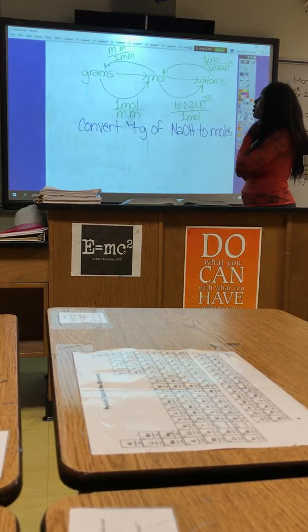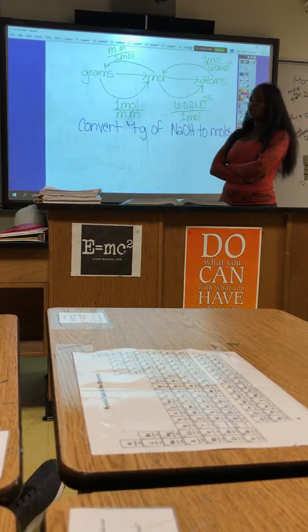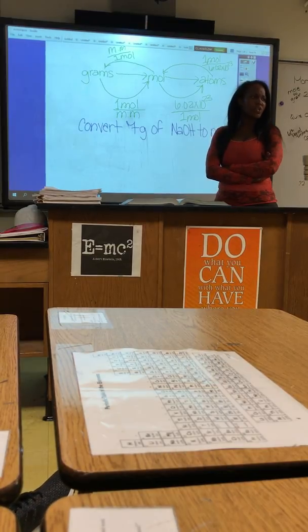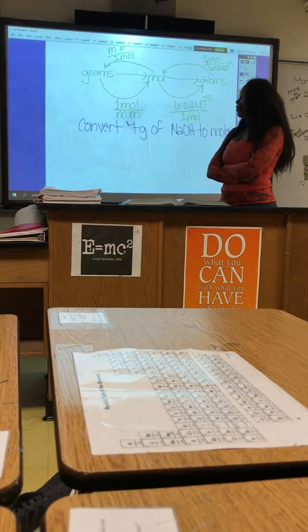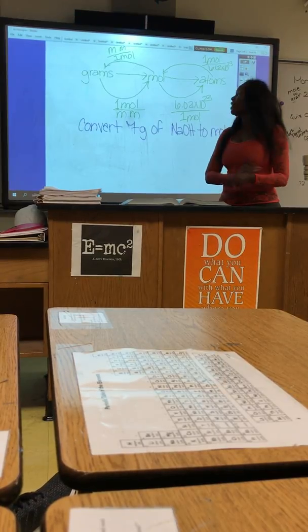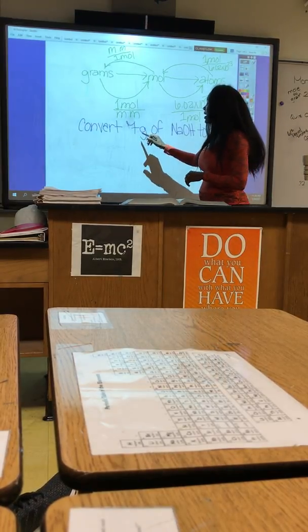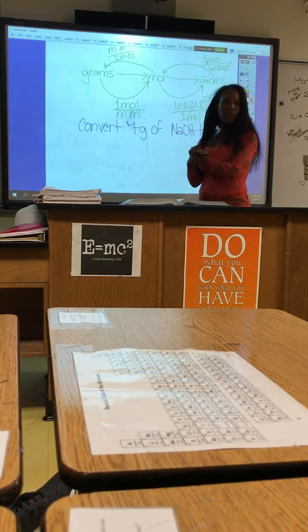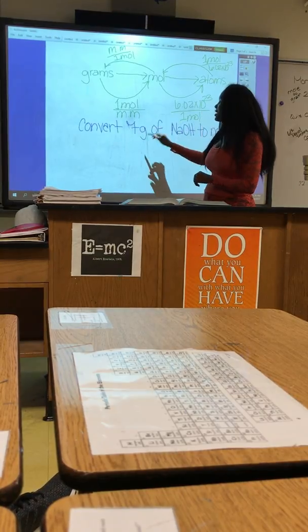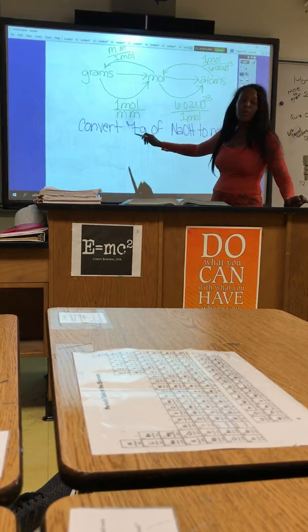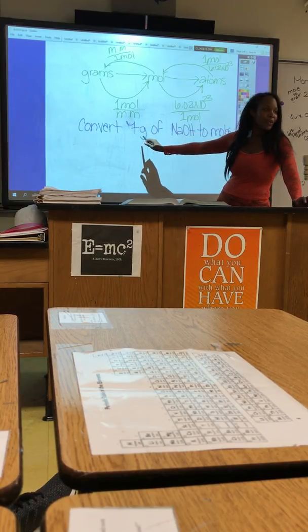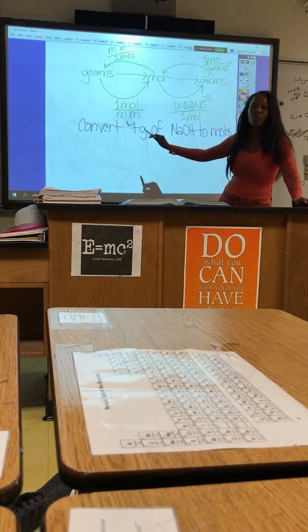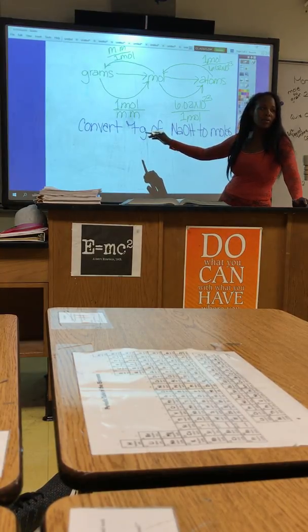All right. So you guys, based off of this chart, where are we going? Where's our starting and where's our ending? Grams to moles, right? Now, because sometimes it can get a bit confusing, always remember that wherever your number is, whatever unit is next to it, that's going to be your starting point.